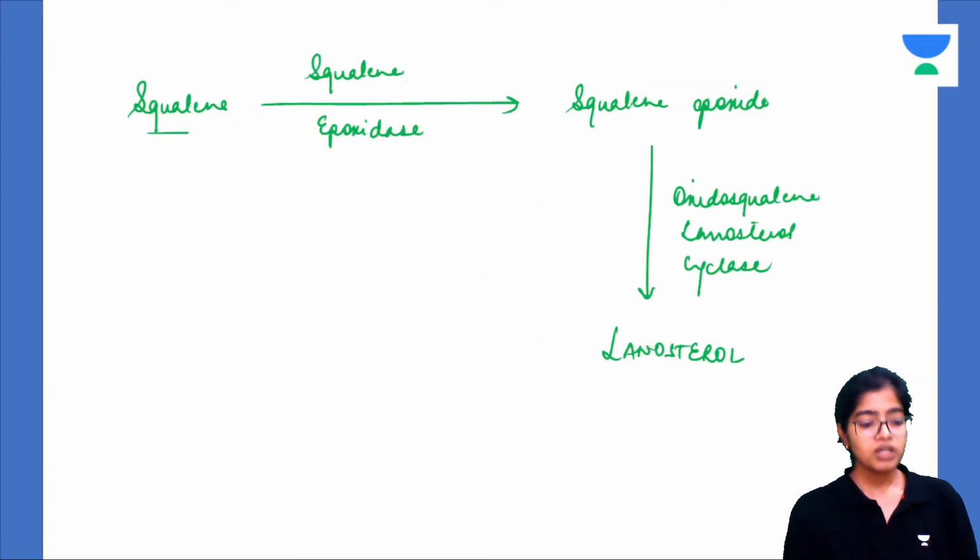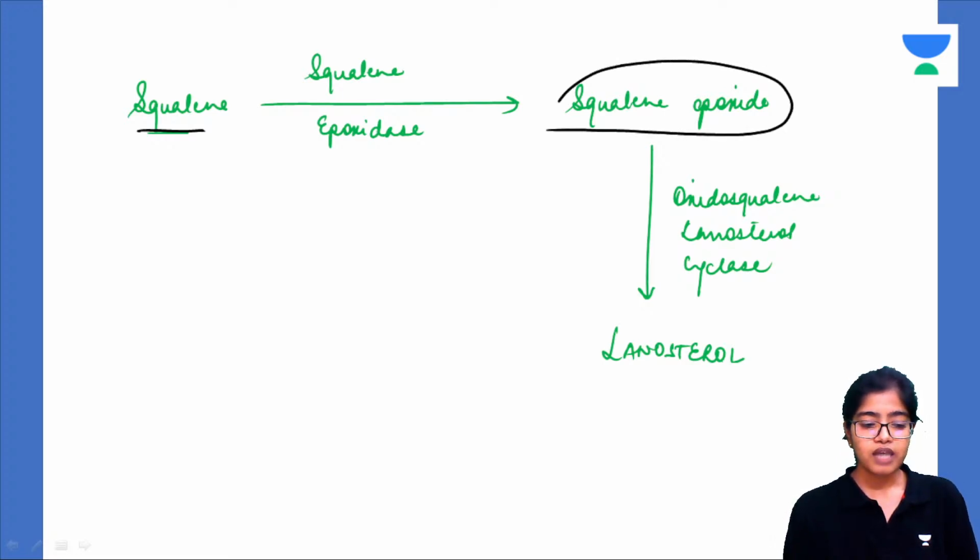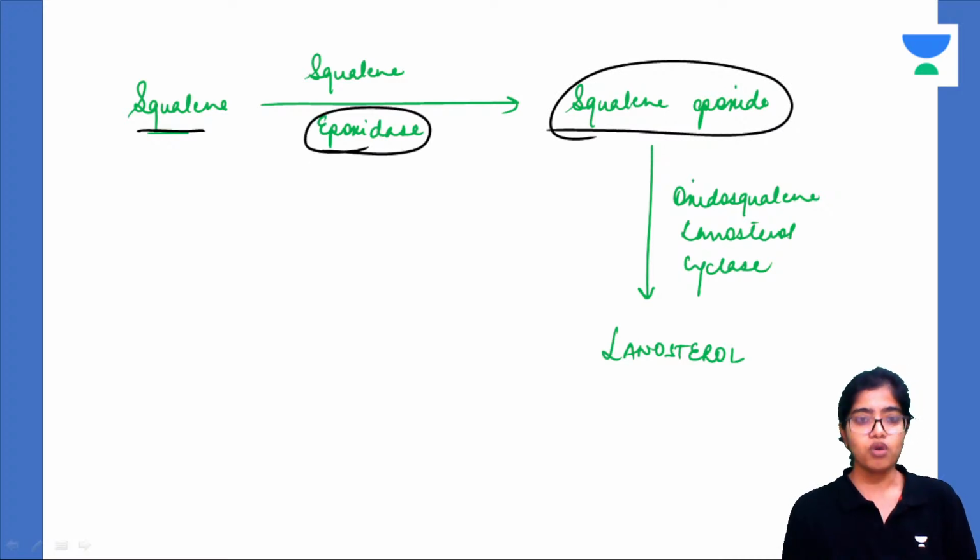Okay. What is the fourth step? Squalene will form squalene epoxide through the action of the squalene epoxidase enzyme. Now through a cyclase enzyme, remember what I told you?